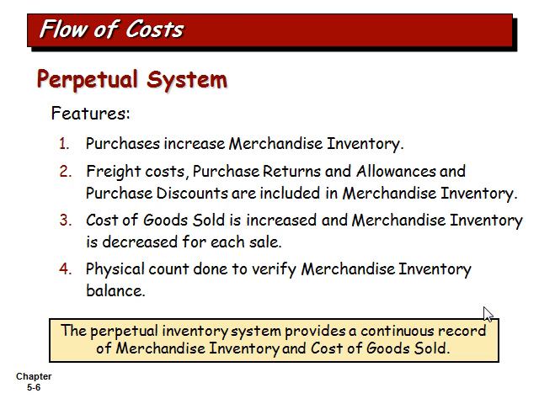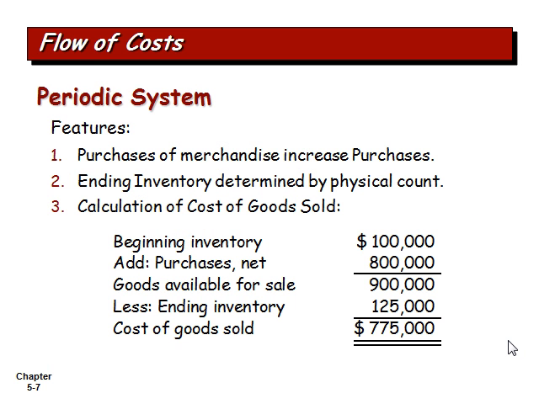So at the time we have a sale, we're going to record some revenue, but we're also going to record the cost of the goods sold. A physical count is done to verify that we get everything right. The box at the bottom says a perpetual inventory system provides a continuous record of merchandise inventory and cost of goods sold. That's true.